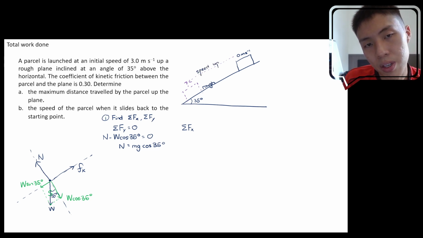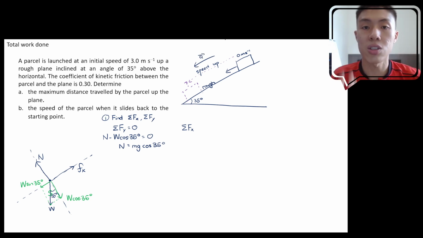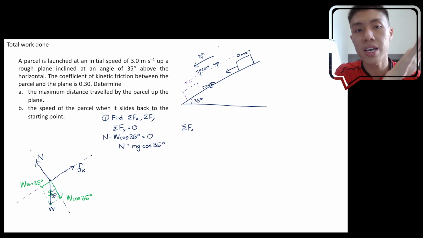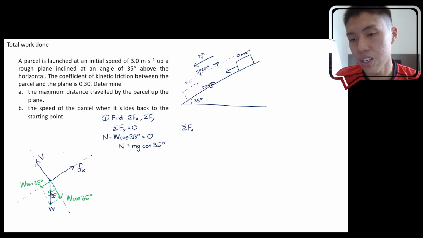So if you know speeding up is this direction, you know that the motion is in this direction, you want to be speeding up, so your acceleration needs to be in the same direction as motion in order to speed up. The velocity and the acceleration in the same direction, then the object will speed up. So you know that the direction of acceleration is in this direction.